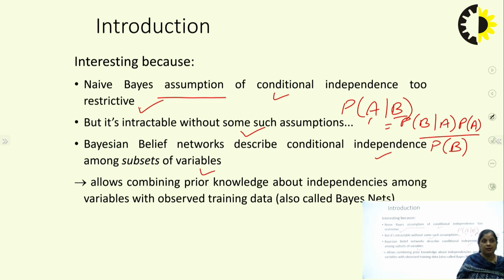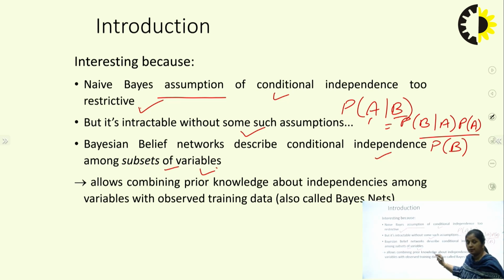In the naive Bayes assumption, we say that all the attributes, whether 4, 5 or 6, are conditionally independent of each other. Here we are saying that not all are independent, but subsets of the variables are independent.